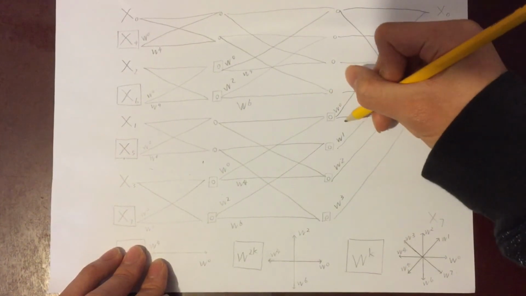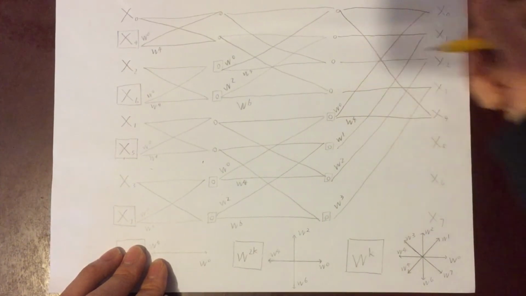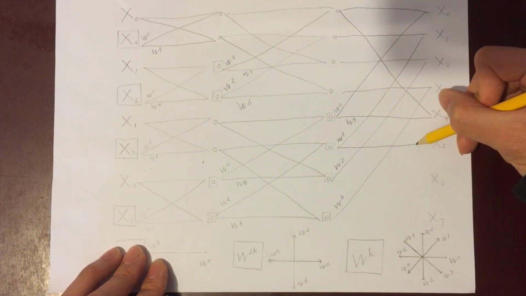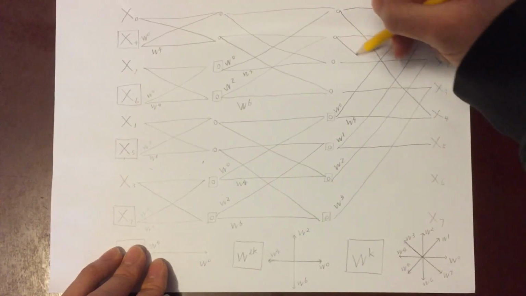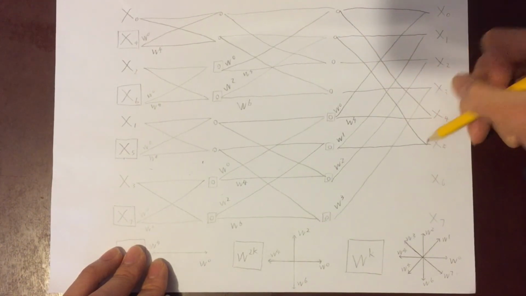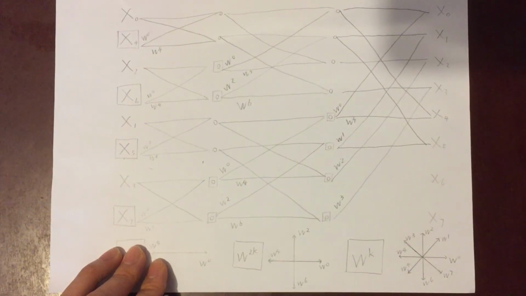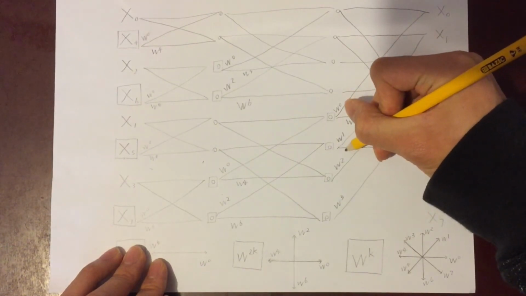Okay? It is w to the 4, yeah, of course. Then the same thing. When k is equal to 5 in the previous stage, it is the same as k is equal to 1. This time it's w to the 5.